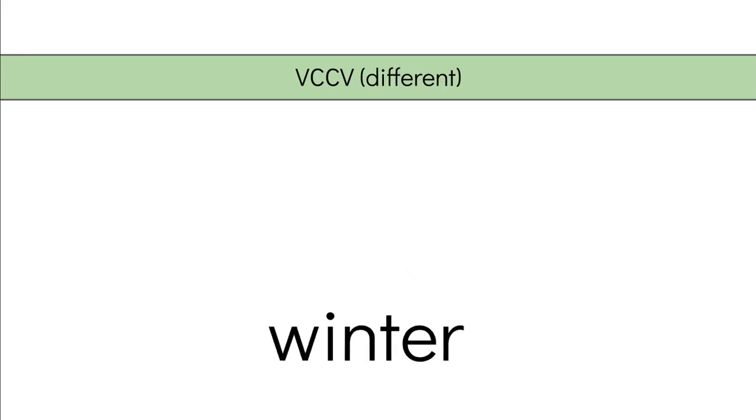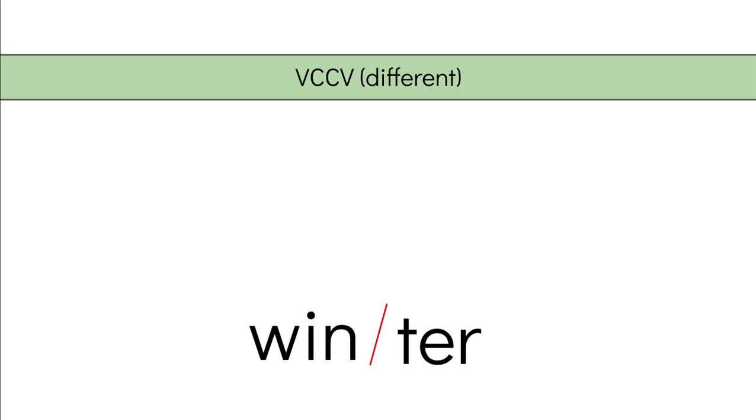Let's look at one more. Winter, breaking into syllables, win, ter. Again, we can see that the first syllable ends in a consonant, so this is a closed syllable. Now, this is a vowel consonant vowel word, but the consonants this time are different.